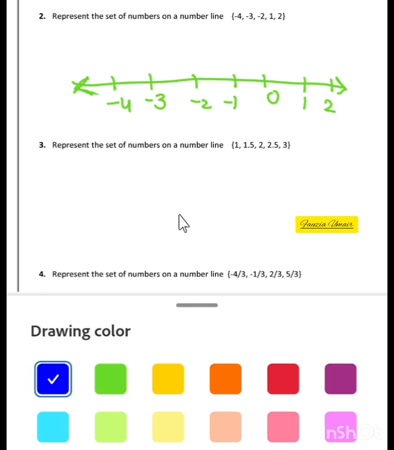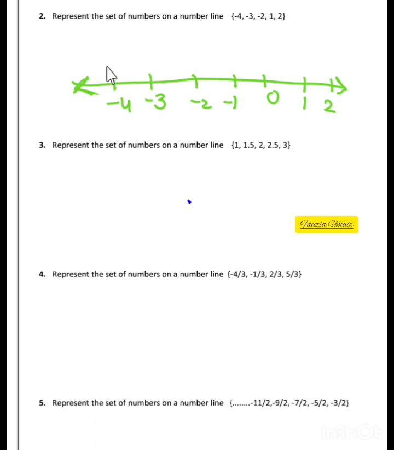So let's say this line is for -4. So use an arrow, -4. Then -3 is also there. Then -2 is there. Then 1 is there, so I will plot that also. And then 2 is also there.